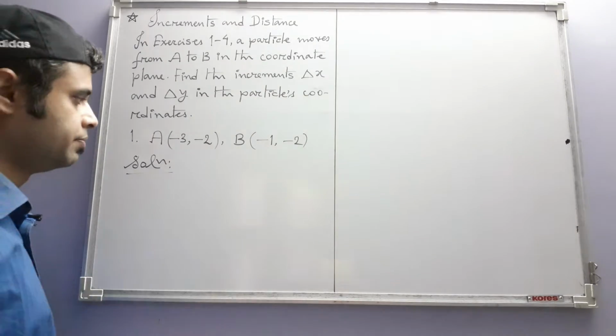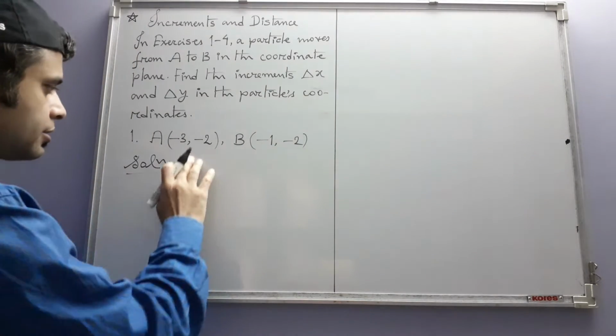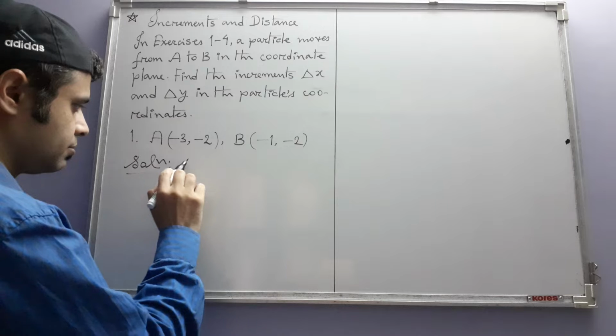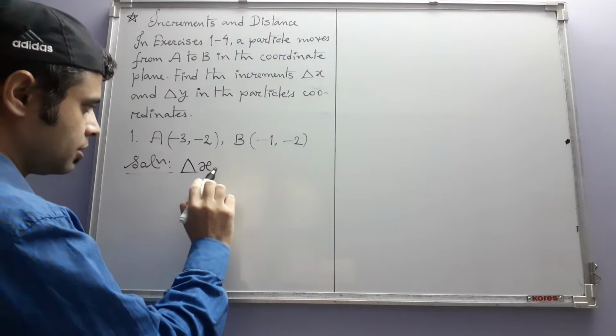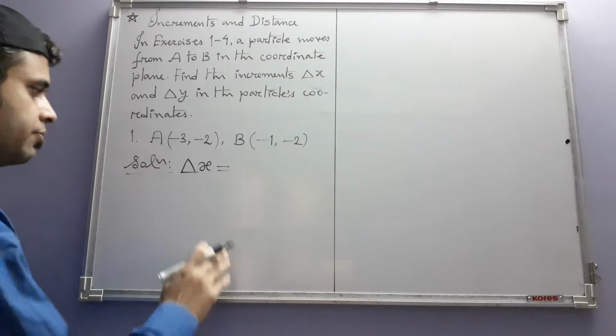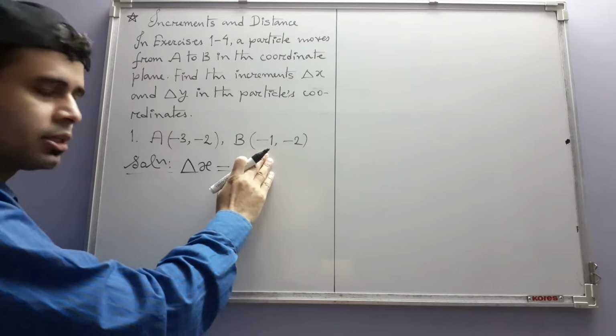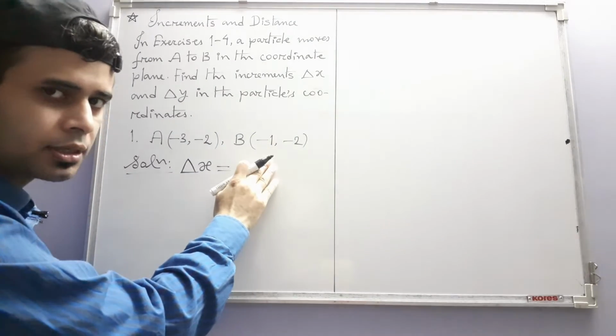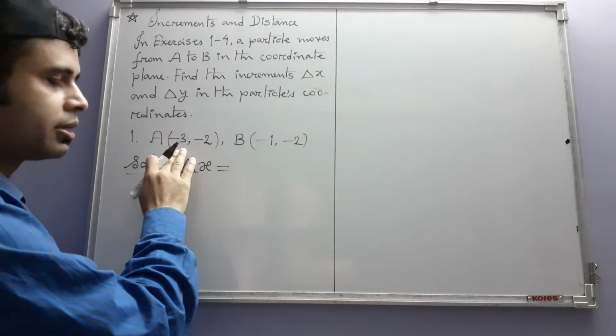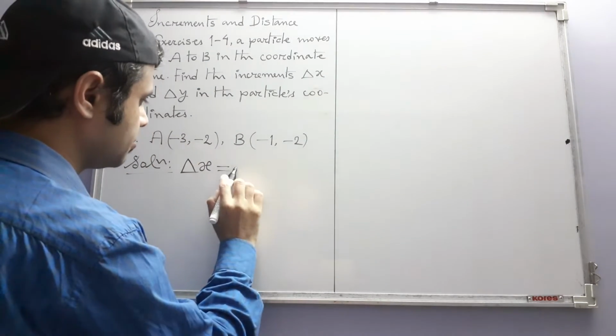So the increments in the x and y coordinates are: delta x is the x coordinate of the particle's final position minus the x coordinate of the particle's initial position.